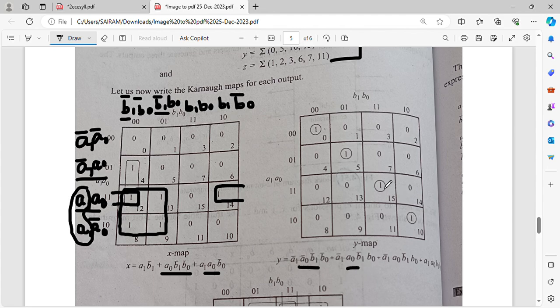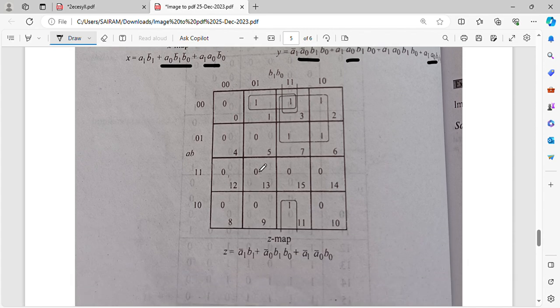Yes. And here 15 is grouped and you can see 15 is A1 A0 B1 B0 written here. Okay, yeah. And this is my 10. So for 10, it is nothing but A1 A0 bar and B1 B0 bar, right? You got it, right? Now this is the next one.